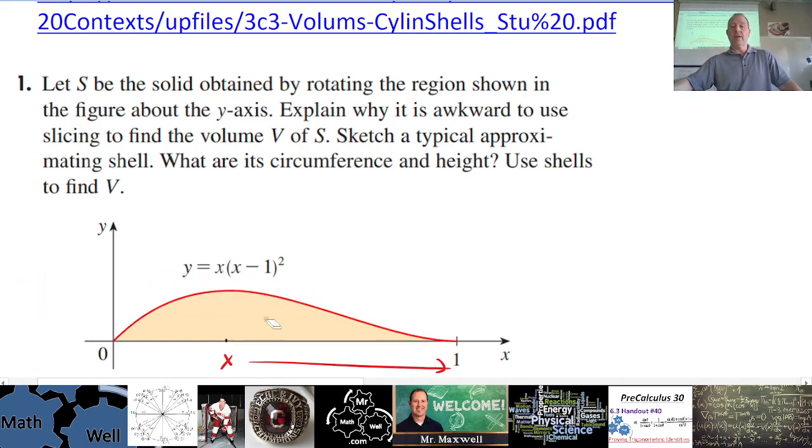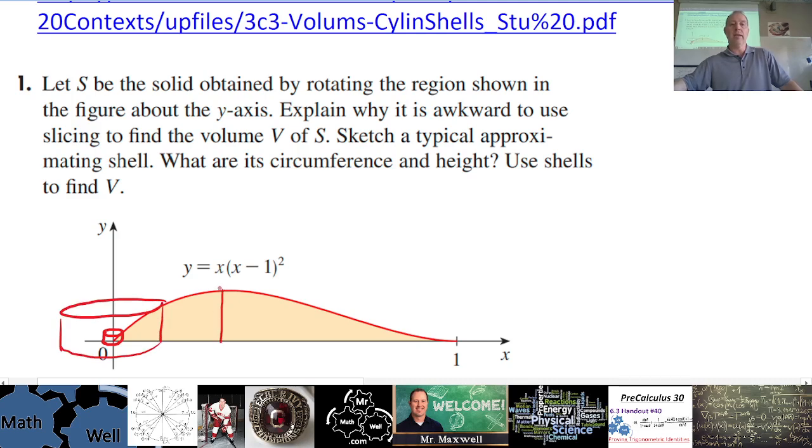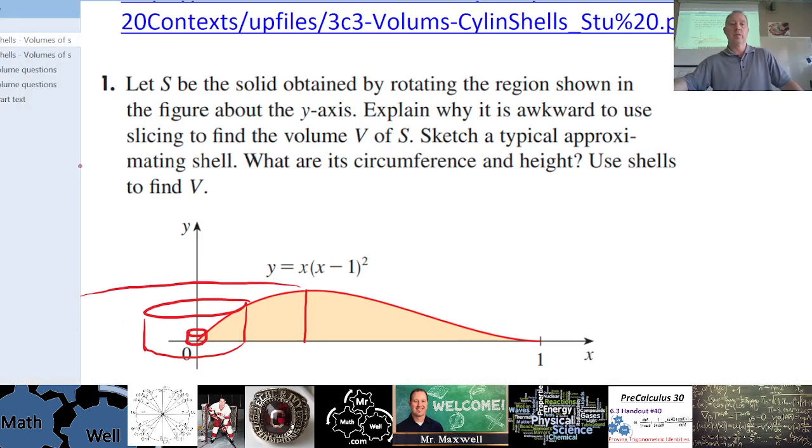But if you consider the shell method, check this out. Here's one of the really small cylindrical shells. Here's a larger one. And here's the tallest one at the point that would be sort of the apex there. That's the tallest one, and it's going to be the widest one.